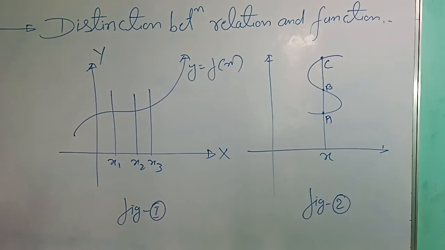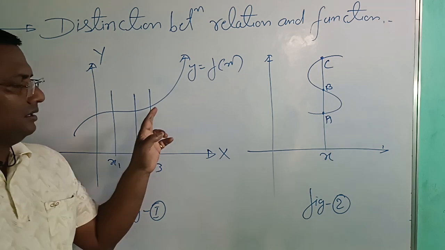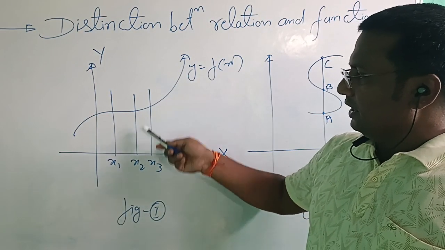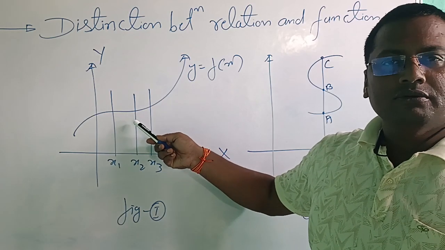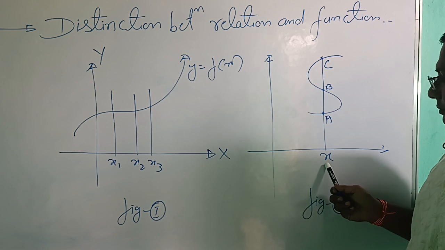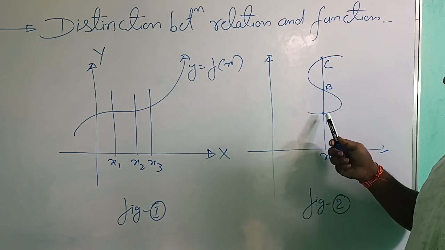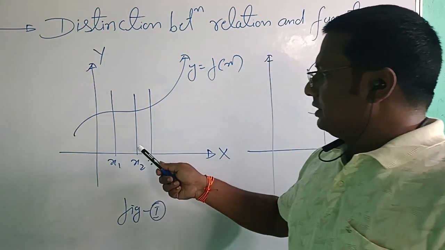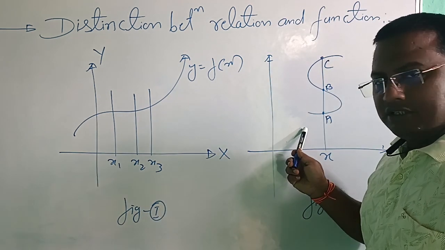So in figure 1, corresponding to each value of x, there exists only one value of y. But in figure 2, corresponding to each value of x, there exist three values of y: a, b or c. So this is the single valued function, this is the multi-valued function.